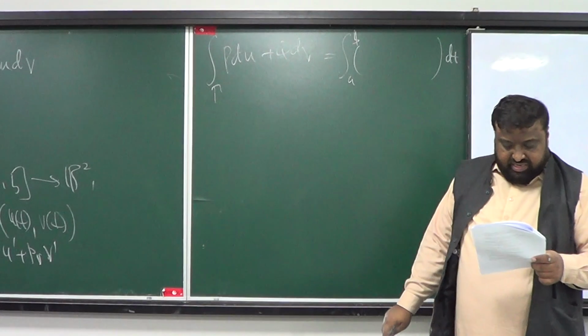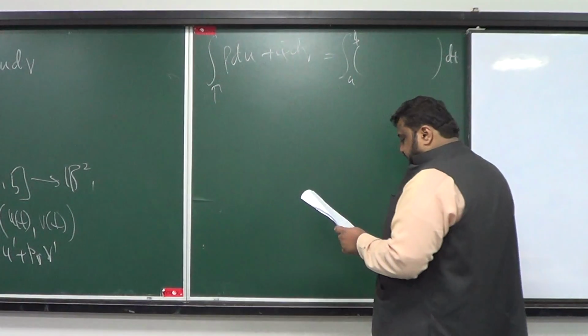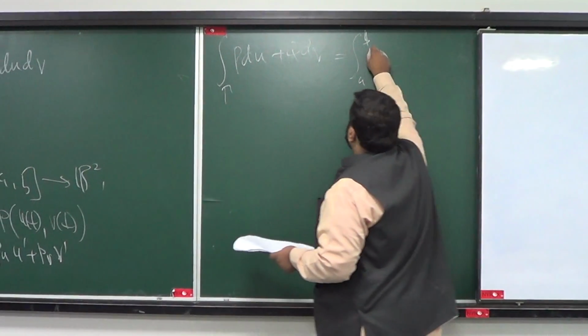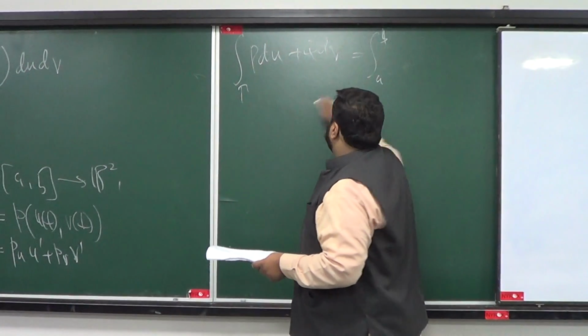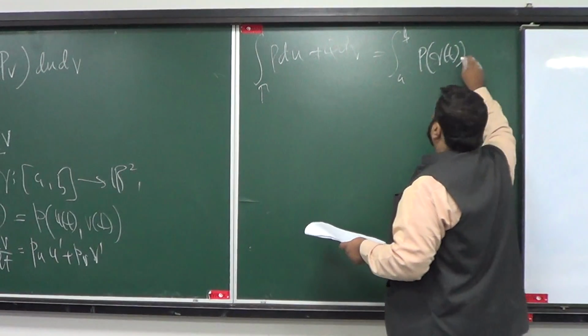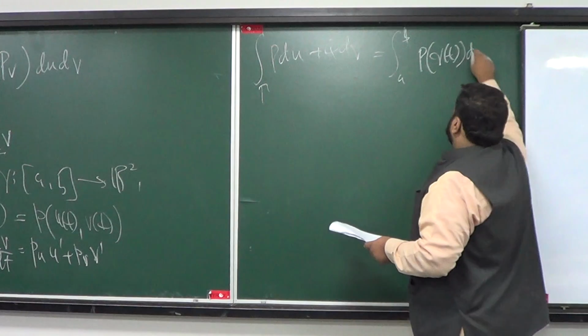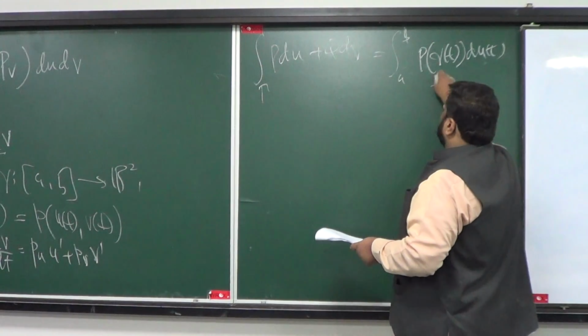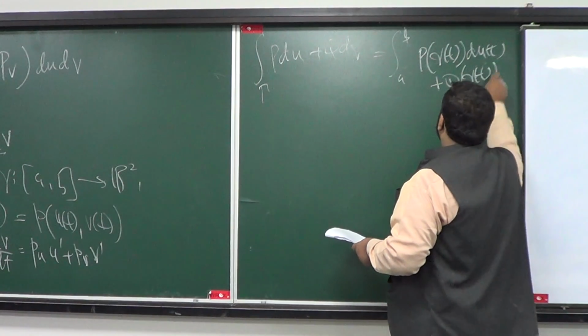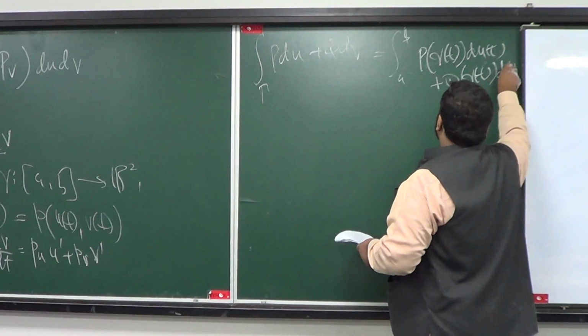So you have to take the parameterization of the gamma, which is going to be P of gamma of t, du of t plus q of gamma of t and dv of t, right?